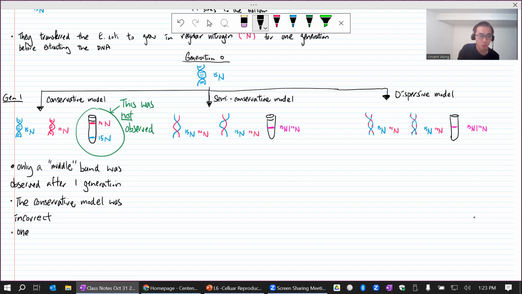So one more generation is needed to determine whether semi-conservative or dispersive is correct.